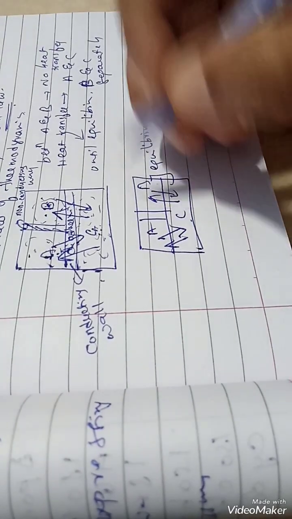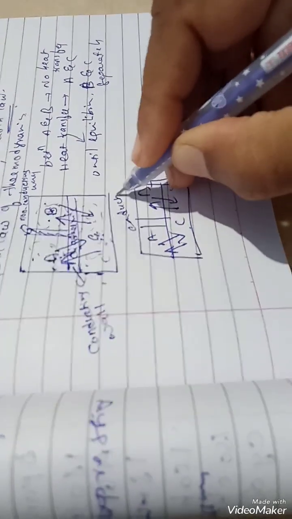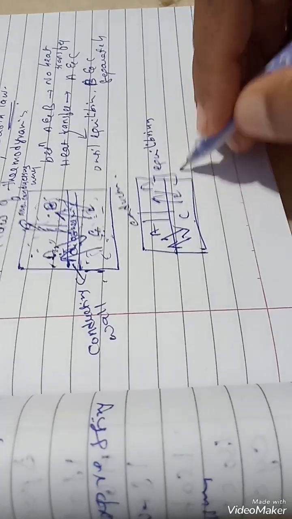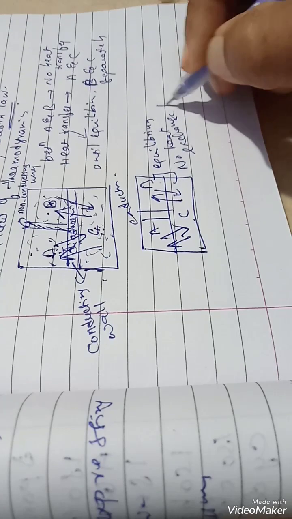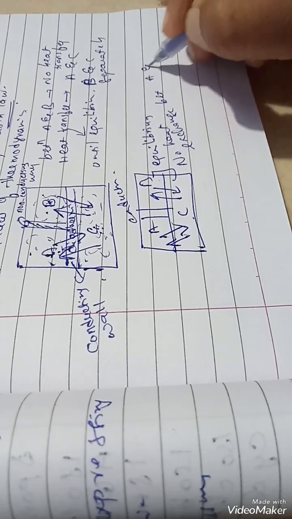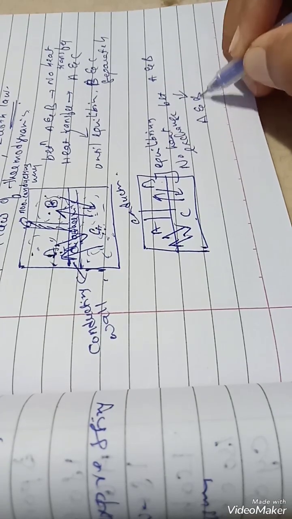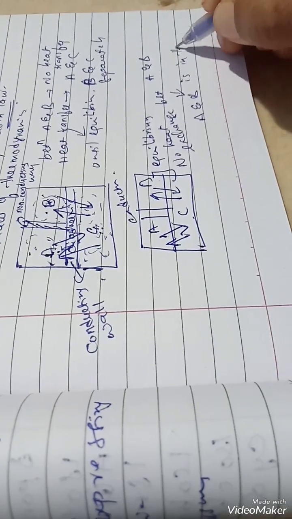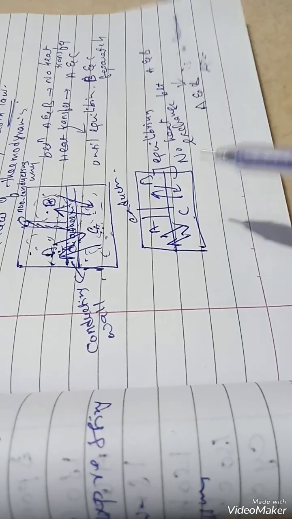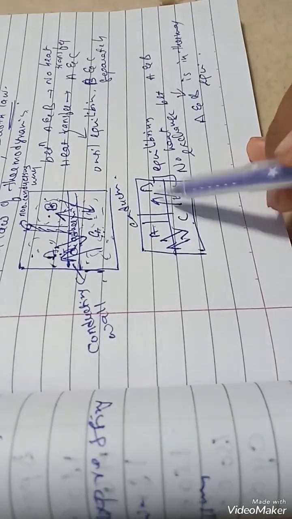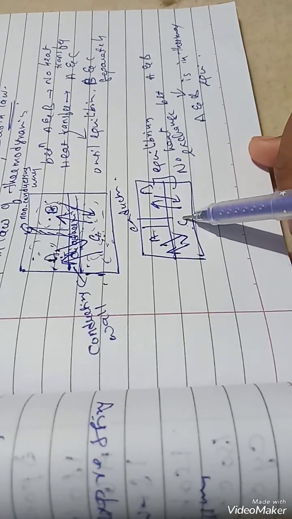Now replace this non-conducting wall with a conducting wall. You will find there will be no heat exchange between A and B. That means we see that A and B are in thermal equilibrium. First what we did, we separated with a non-conducting wall, and just A and C, B and C came into equilibrium.